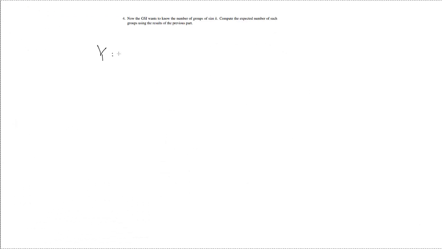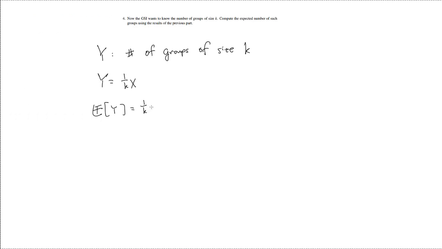Let Y be the random variable representing the number of groups of size k. Now, if X is the number of students in a group of size k, then it is easy to see that Y is just equal to 1 over k times X. Now, the expectation of Y is going to be 1 over k times the expectation of X by the linearity of expectation.